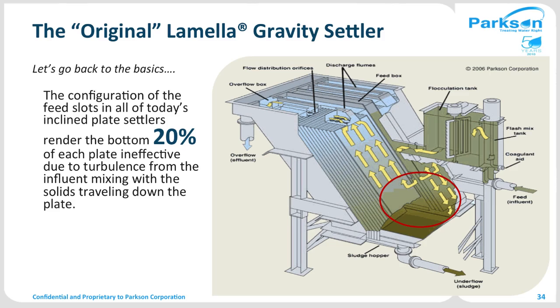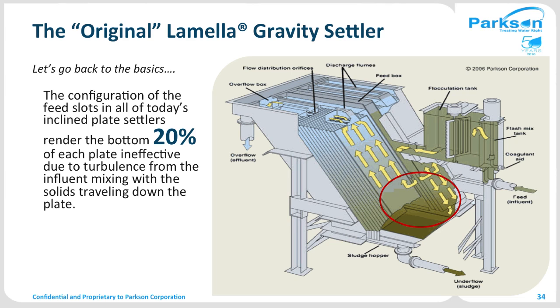So what Parkson did is we looked at the design and wanted to provide a solution to the customer so that they don't have to change any configuration or footprint of the unit, but still get some benefit. If you look at the original Lamella gravity settler, this is where the feed slots are.